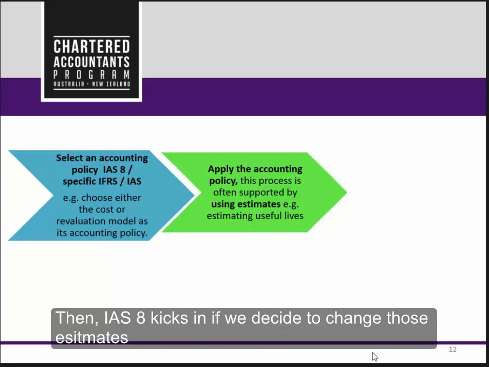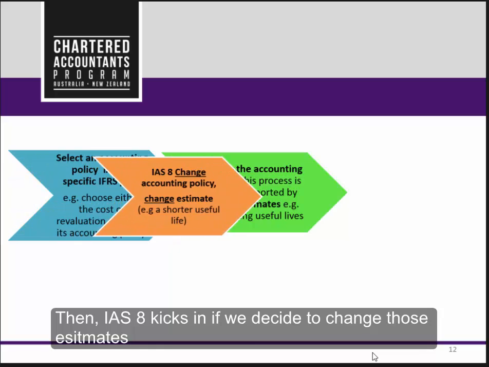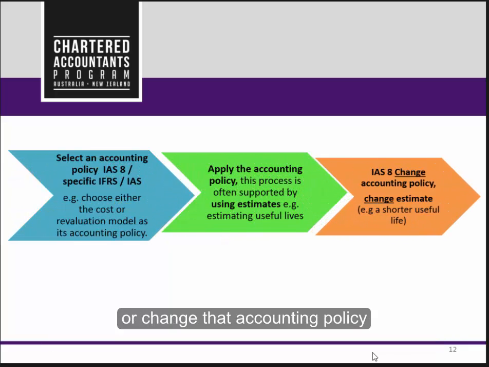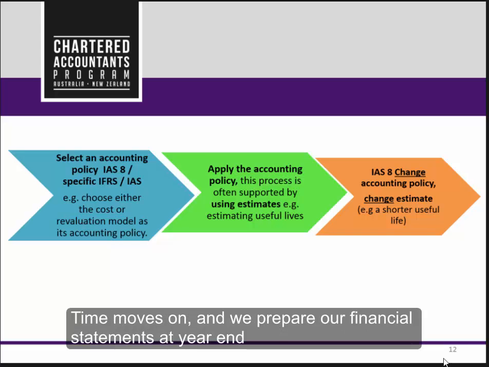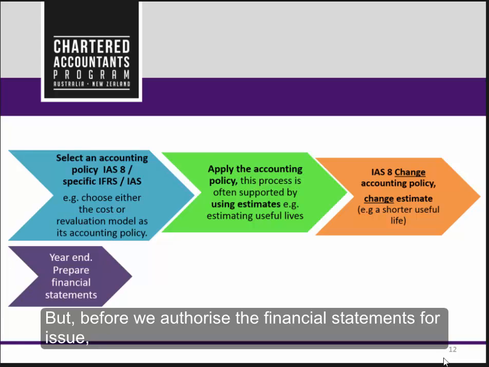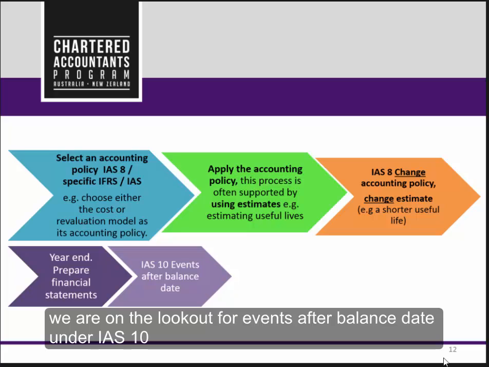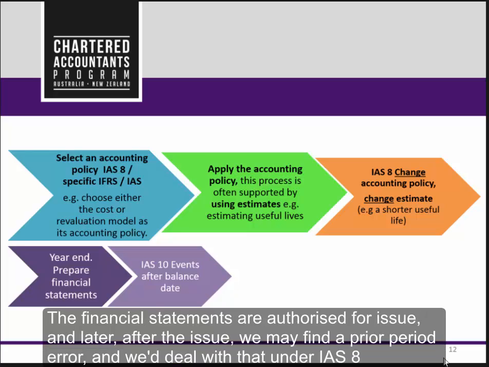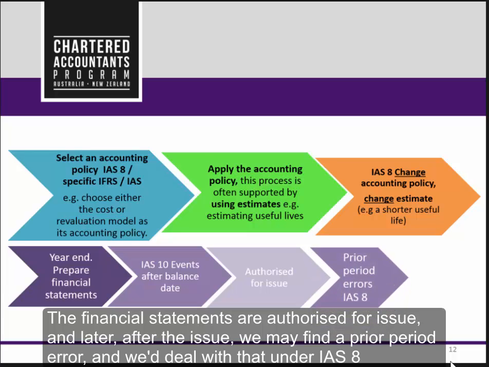Then IAS 8 kicks in if we decide to change those estimates or change that accounting policy. Time moves on and we prepare our financial statements at year end. But before we authorise the financial statements for issue, we are on the lookout for events after balance date under IAS 10. The financial statements are authorised for issue, and later, after the issue, we may find a prior period error, and we deal with that under IAS 8.